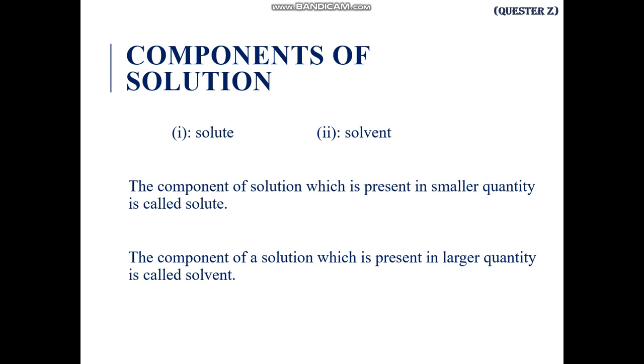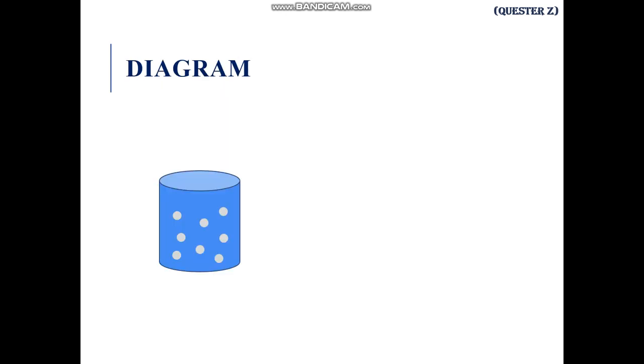For example, in the previous example, the salt, which I take in a smaller quantity, will be the solute, while the water, a glass of water, is in a larger quantity and is called the solvent. So solute will always be in a smaller quantity and solvent will always be in a larger quantity. Let's have a look at this diagram.